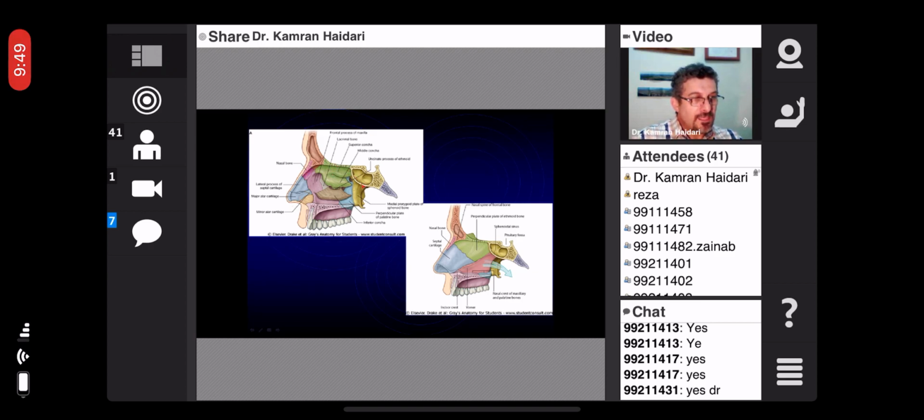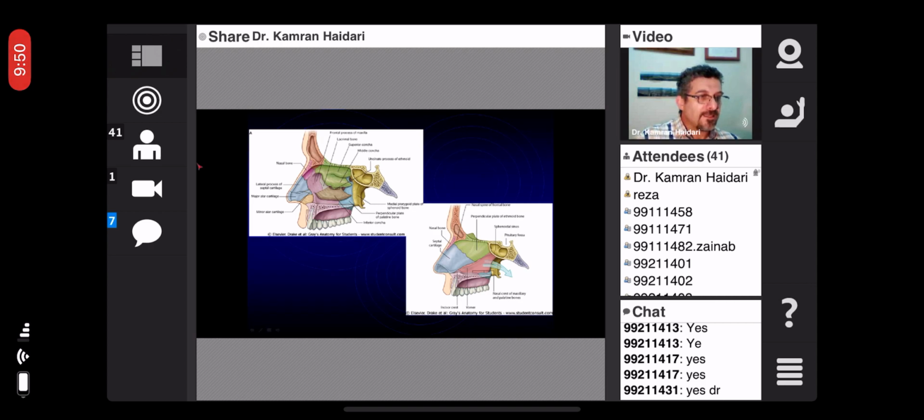After these bony contributions of the cranial bones, you've got cartilages and fibrofatty tissue on the lateral wall. Cartilages consist of the lateral process of the septal cartilage, the greater alar cartilage, and the small alar cartilages, which consist of 2 or 3 parts.